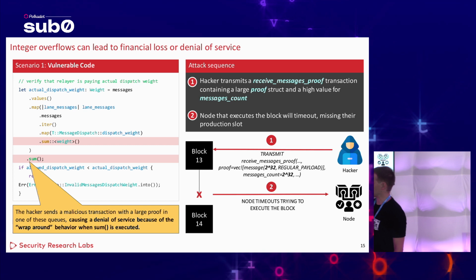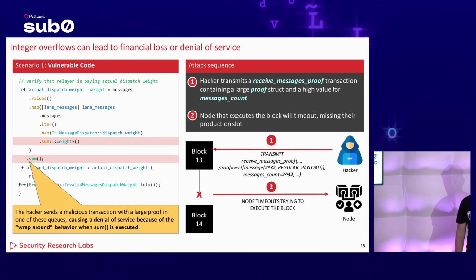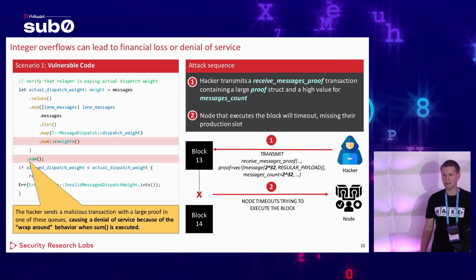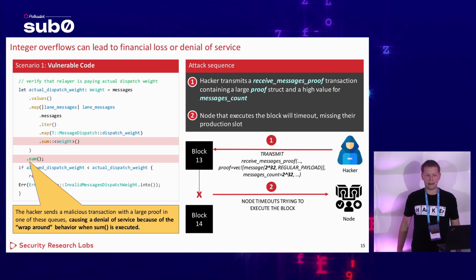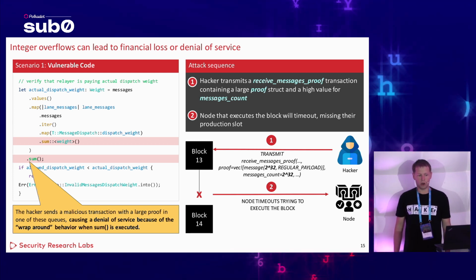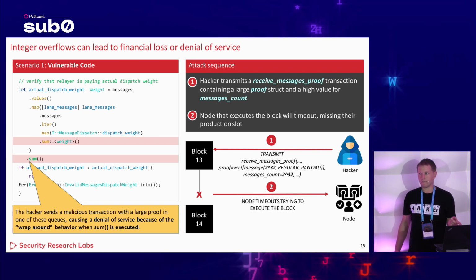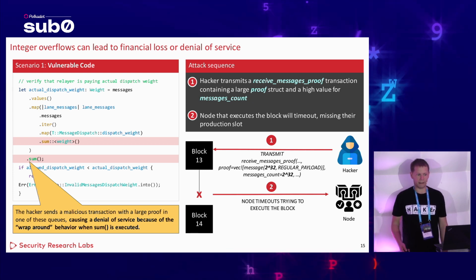And if this overflows, then the chain thinks, okay, this weight is well in the permissible range, so it can try to execute these extrinsics, even if they are vastly overweight, and this can halt the chain. So this could easily be exploited by sending messages with very high weight, so that it would overflow. But this is fixed long ago.